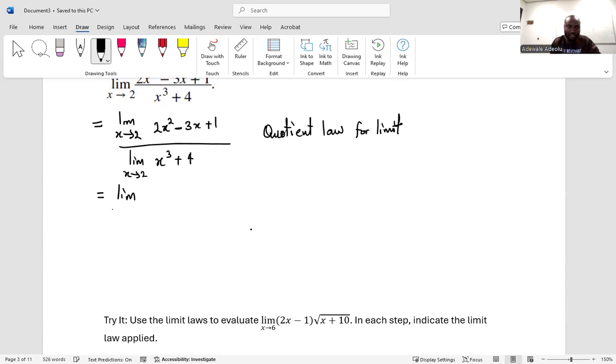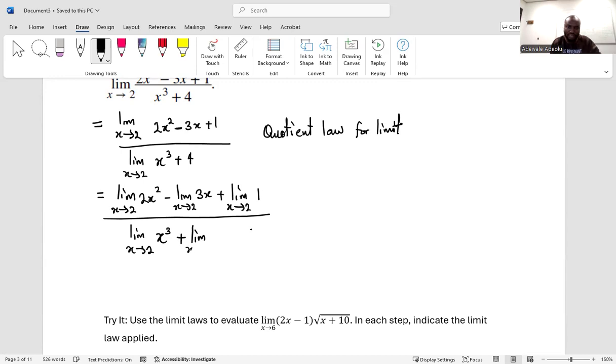So I have limit as x goes to 2 of 2x squared minus limit as x goes to 2 of 3x plus limit as x goes to 2 of 1, divided by, I will do the same thing at the denominator, limit as x goes to 2 of x cubed plus limit as x goes to 2 of 4.